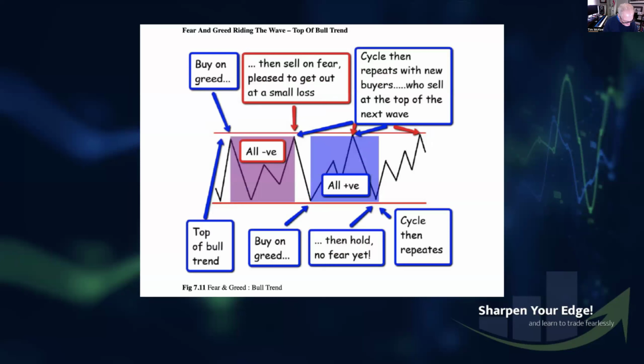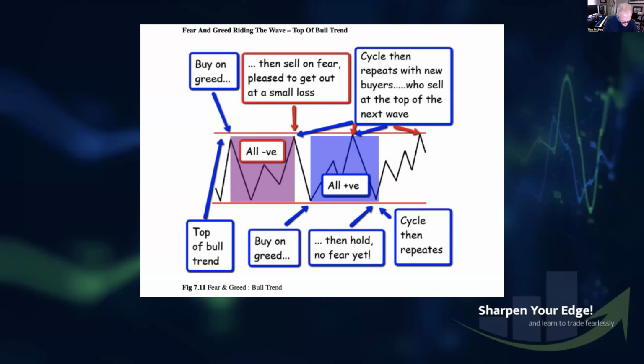As we can see on the screen, it's all very logical once we begin to think of it in terms of emotional buying and selling. Now, the overriding emotion as the market hits the top of the first wave is greed, combined with the emotion of fear, the fear of missing out on a good trading opportunity. Now, remember, these traders are weak anyway. Why?